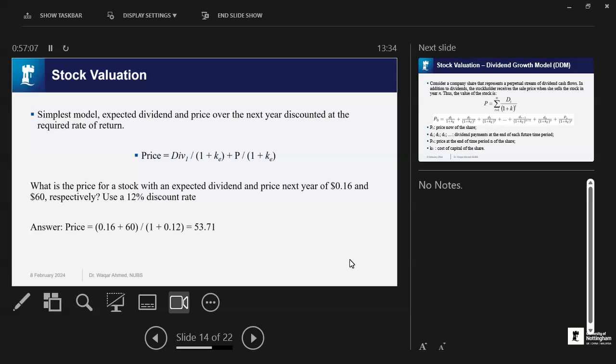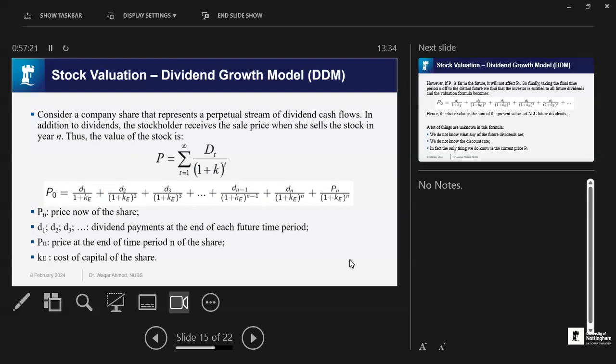You should buy the stock, because its real value should be 53 and you know the price will go up. The price should adjust. If it's trading above its value, then you should short sell it. Okay, good. So this is the formula that you have seen in the previous term, right?